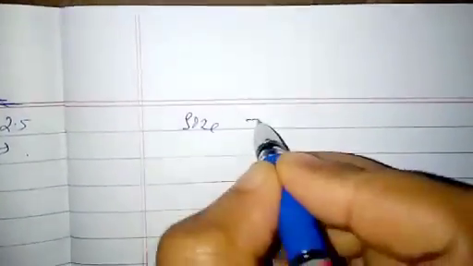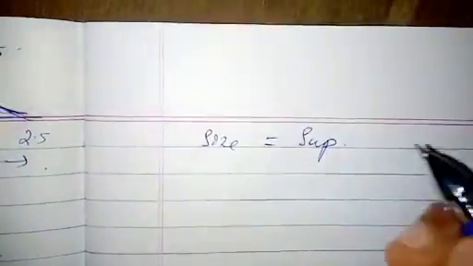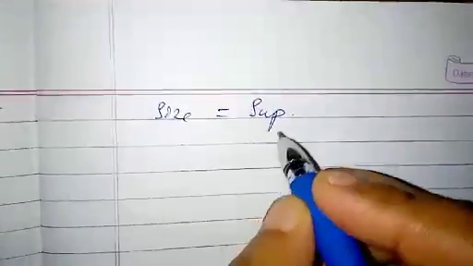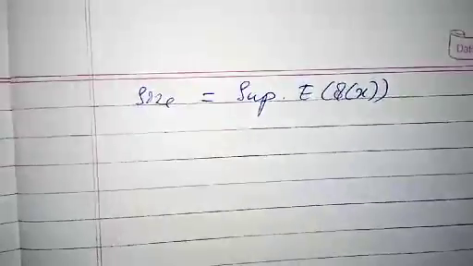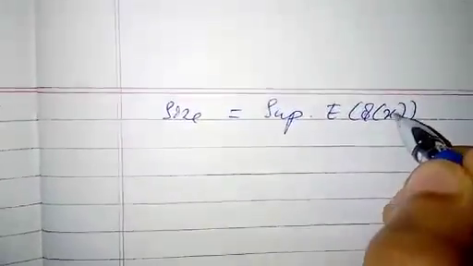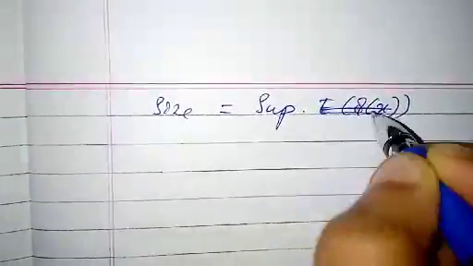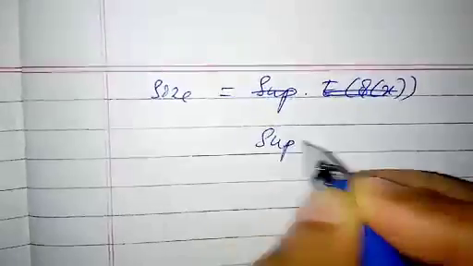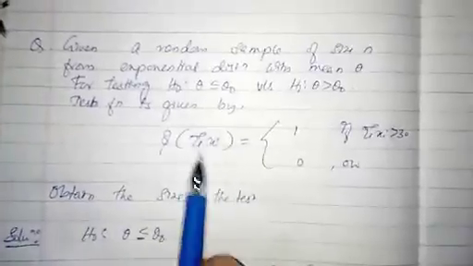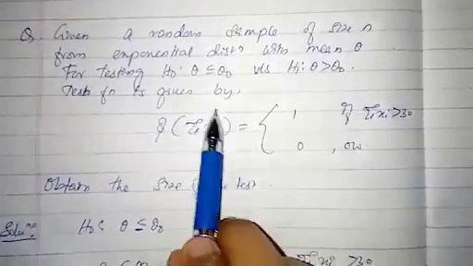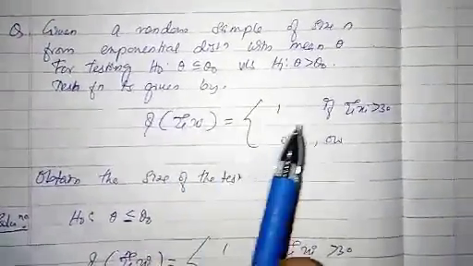Then size equal to, we know the definition of size: size equals the supremum of the expected value of the test function. Here the test function is given as phi of summation xi.